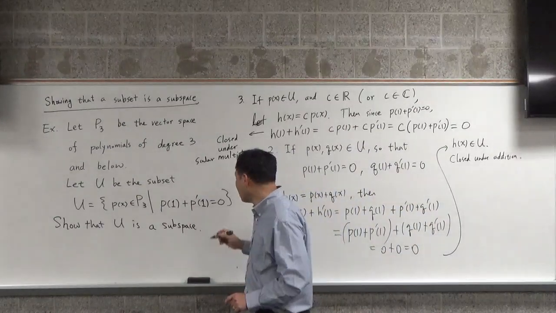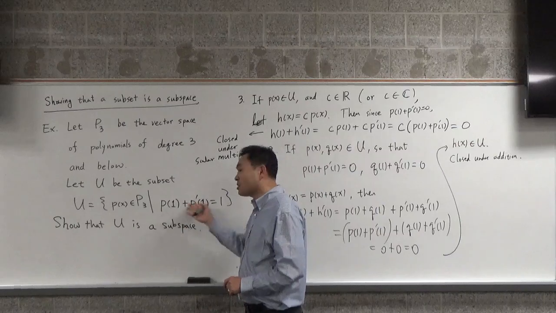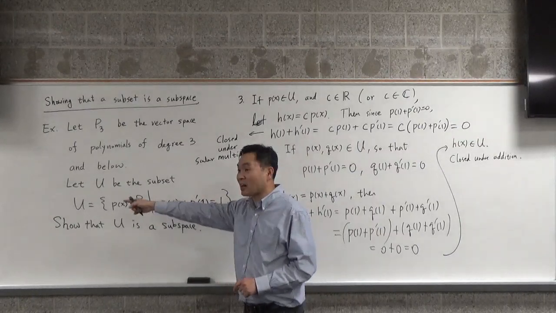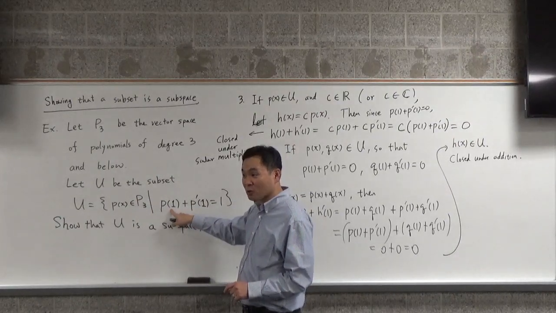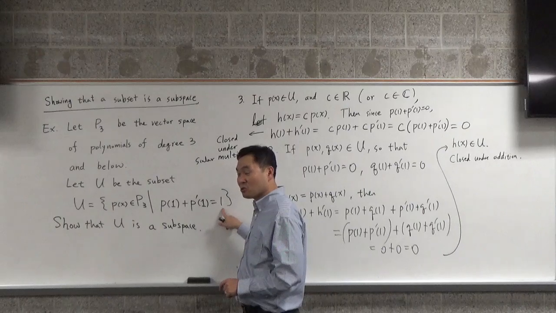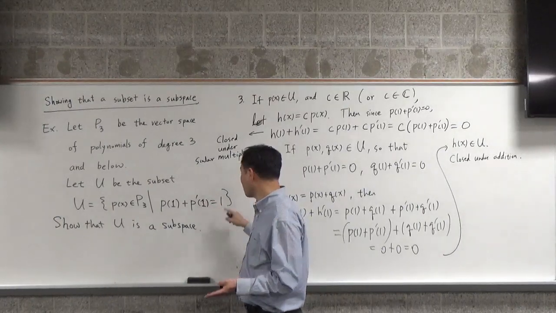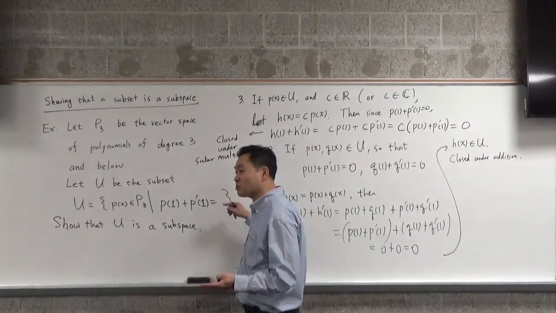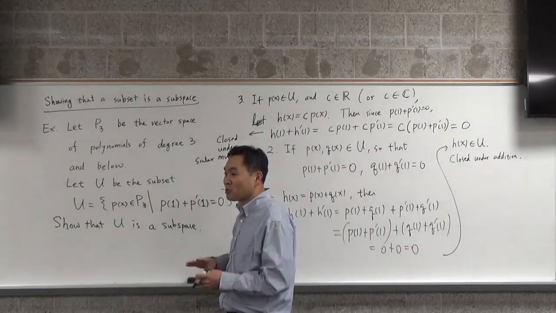So for example, if this was 1, well, certainly there are polynomials that would satisfy this, so this is a non-empty subset. But definitely if it's the zero polynomial, this wouldn't be true. So zero is not included, and therefore immediately it's not a subspace. So we stop there, and you don't have to continue. Yeah. If any one of them is shown to be not true, then you just stop there.